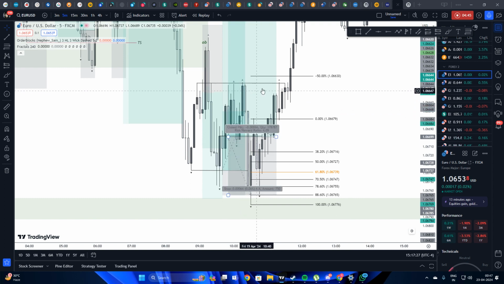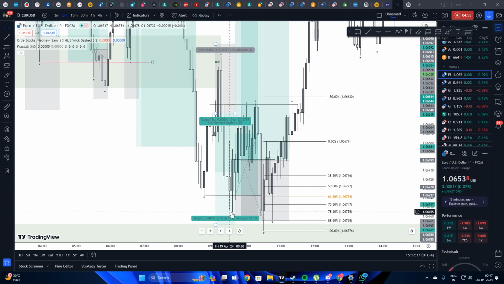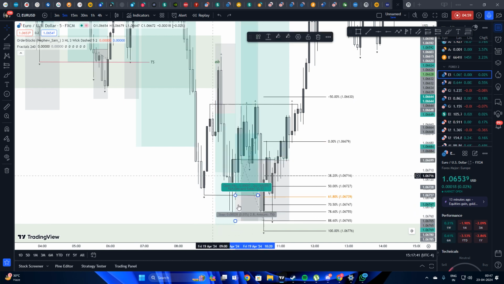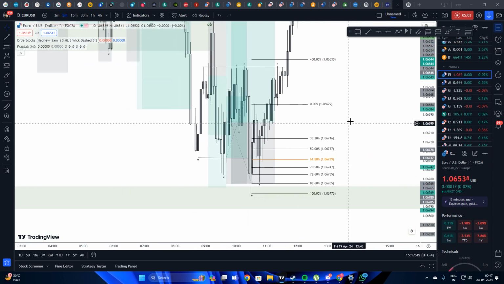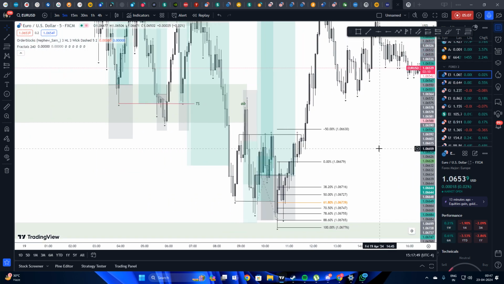In this case, it did, and it rejected the golden area in a bullish case scenario and just slipped through, taking in the sell-side internal liquidity along with the OB, and went up. And it's that easy.